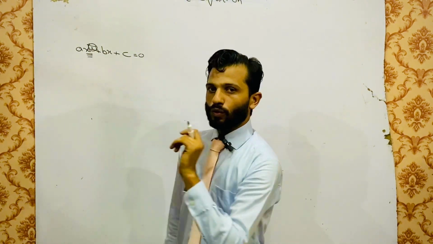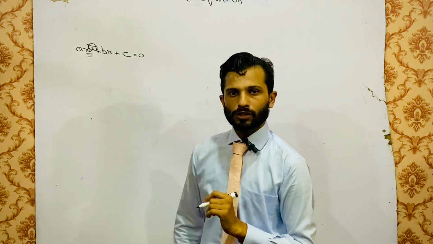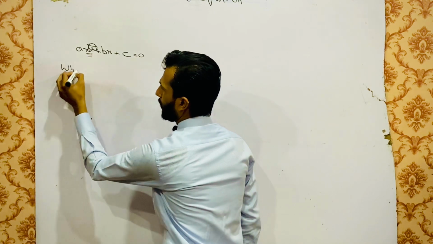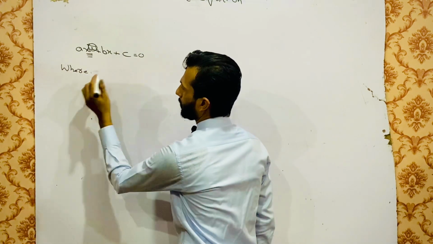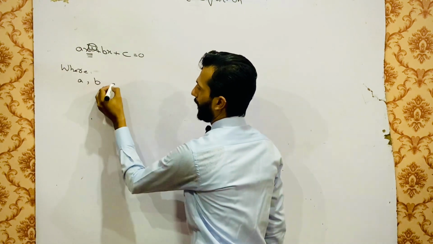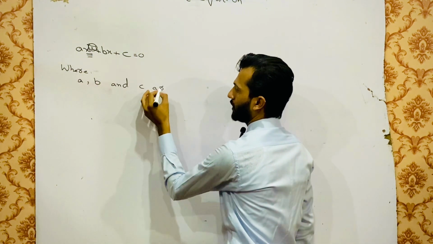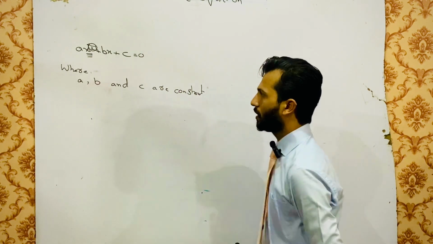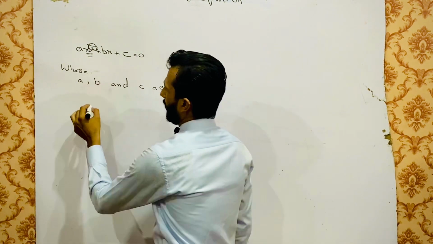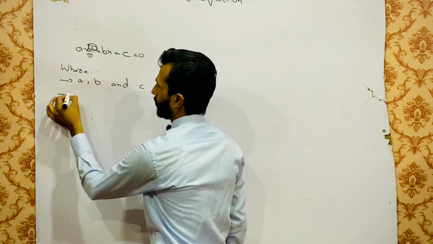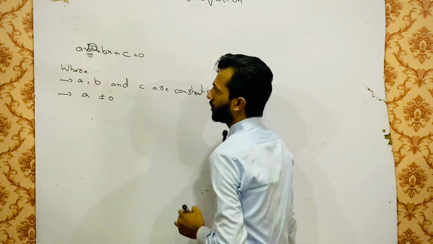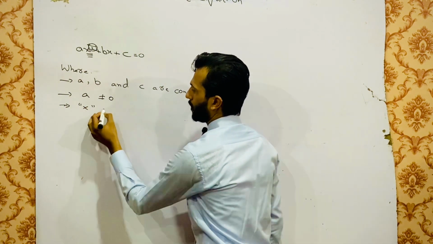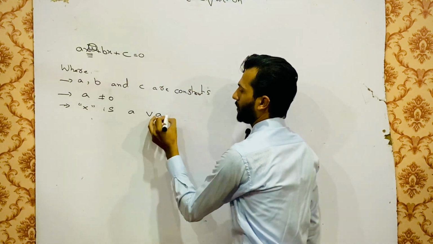The standard form of a quadratic equation is ax square plus bx plus c is equal to 0, where a, b and c are constants, a is not equal to 0, and x is a variable.